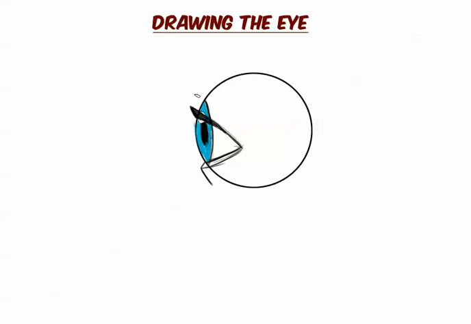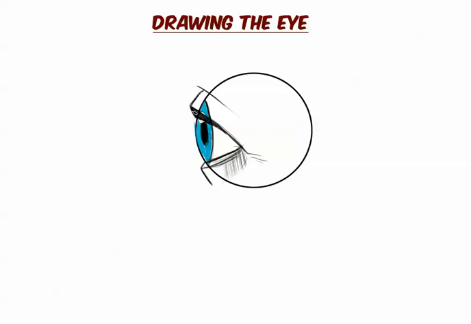So it covers it like that, and then you have a crease right there. Since the top is lit, the bottom of it won't be lit. It'll be in the shade a little bit, maybe not that much, but just a little bit. So we'll just put a few lines to represent that.